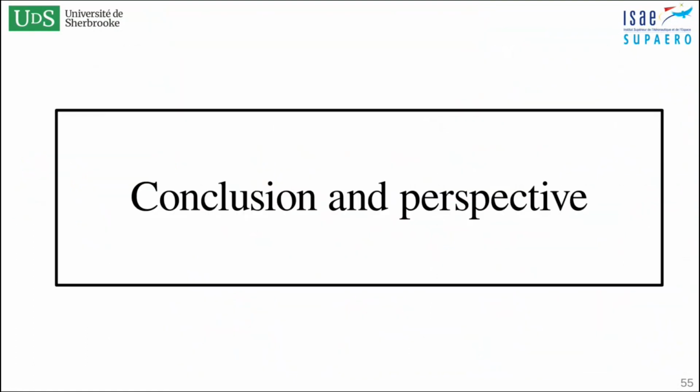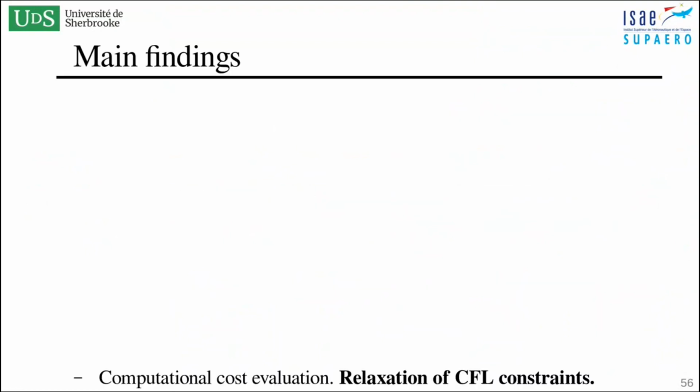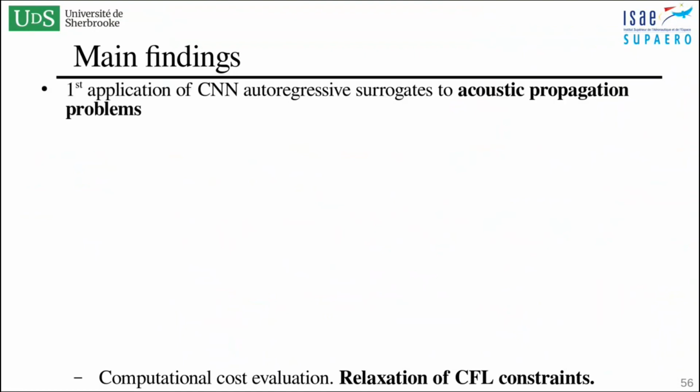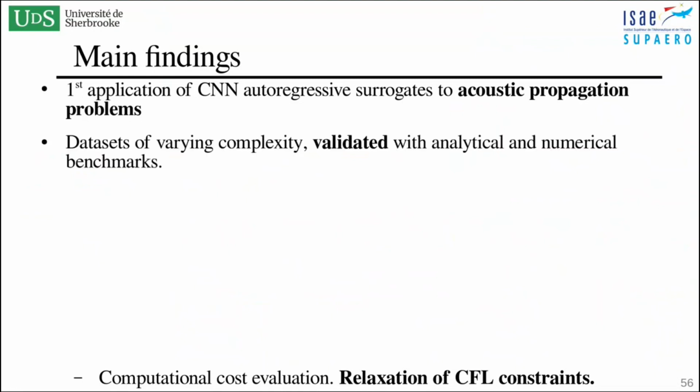So now let's go into the conclusions and perspective of this work. Let's first recap some of the main findings of this PhD thesis. The first one is that we have shown here some of the first application of these convolutional neural network autoregressive methods to acoustic propagation problems.